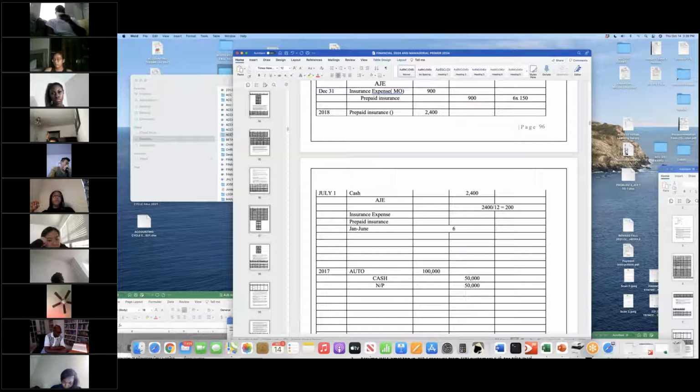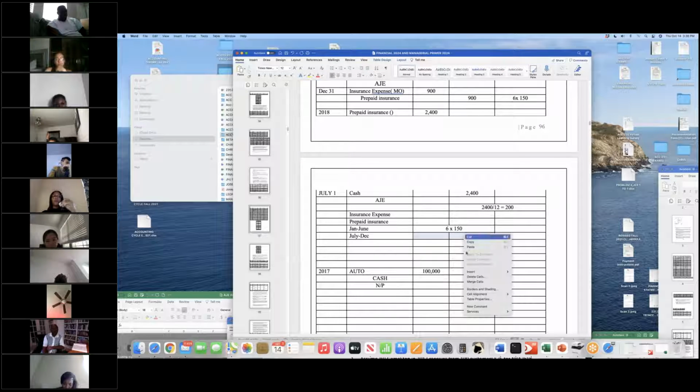six times the 150, the old amount. So for the first 6 months, we're at the old rate. But then from July until December of that next year, those 6 months are going to be at the new rate, which is going to be 6 times 200.